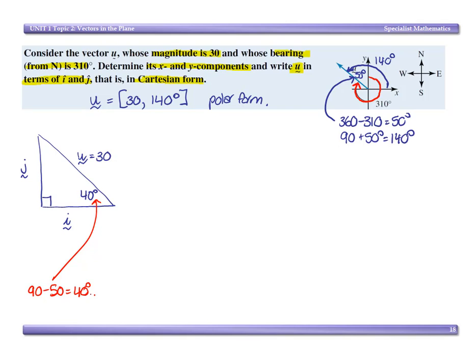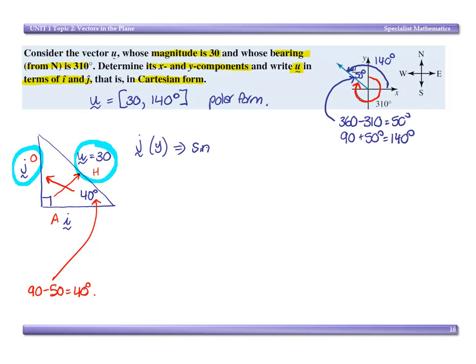I just want to start by understanding where it's all coming from rather than going immediately to formulas. So I'm going to label my triangle like I would in trig. My j component, which is my y, is going to use my opposite and my hypotenuse.